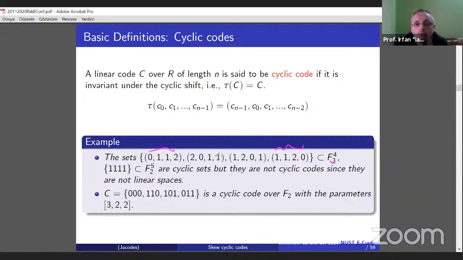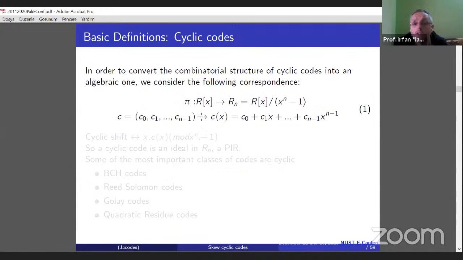You can right shift, you can see it's closed. So we only need the structure to be invariant under the right cyclic shift, circular shift. Okay, and this is also very useful in practice. Engineers are using this kind of structure, and the reason is coming right away.